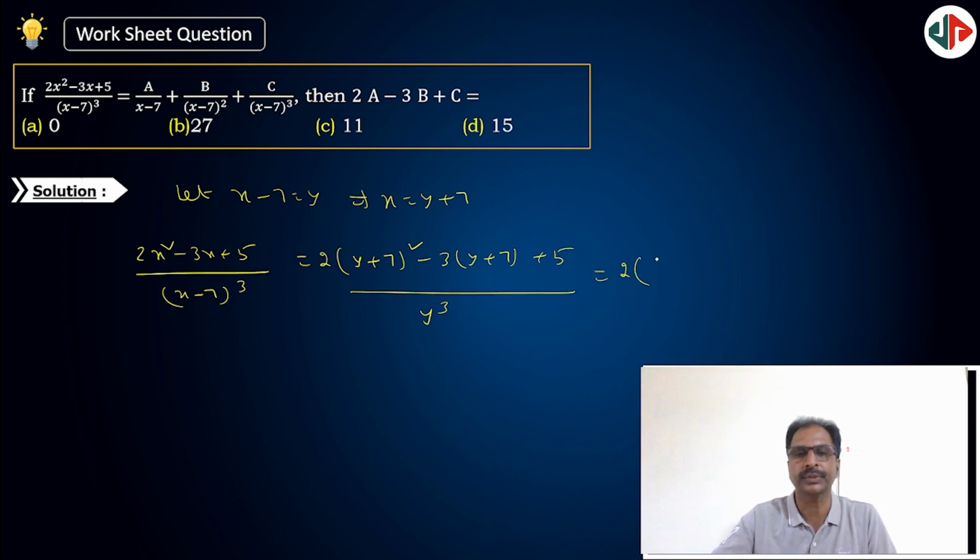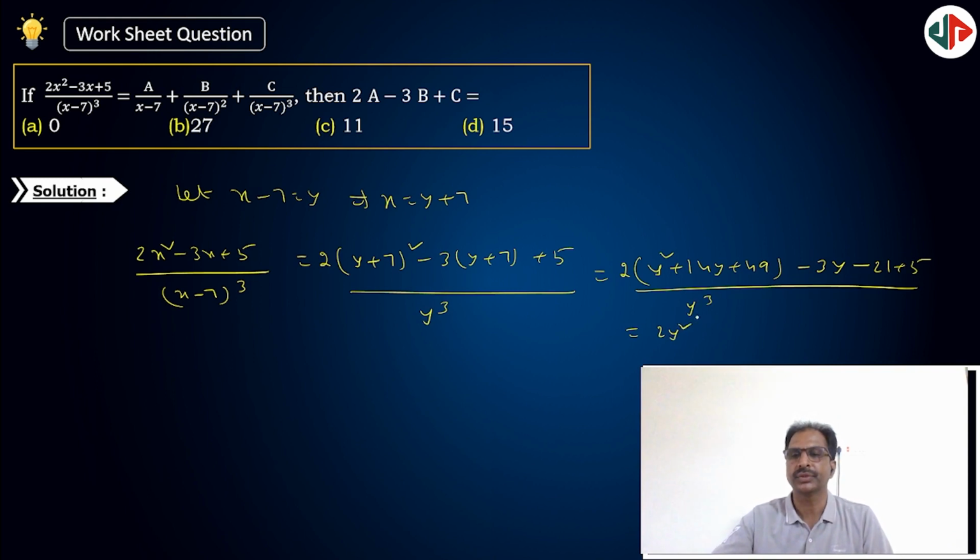Now this is 2 into, expand this, y² + 14y + 49 − 3y − 21 + 5, by y³. That is equal to 2y² + 28y − 3y, 25y, 98 − 21, 77 + 5, 82 by y³.